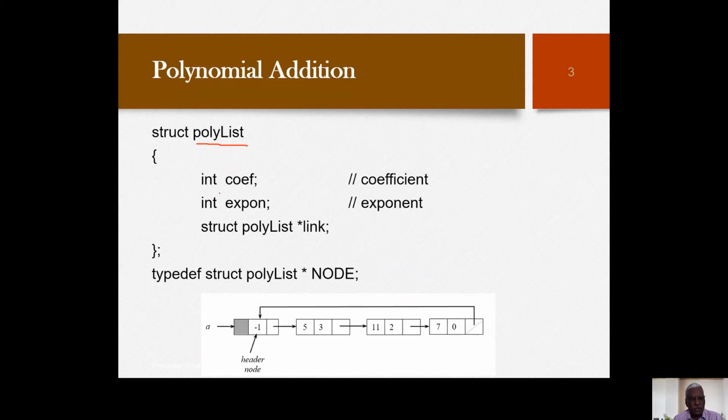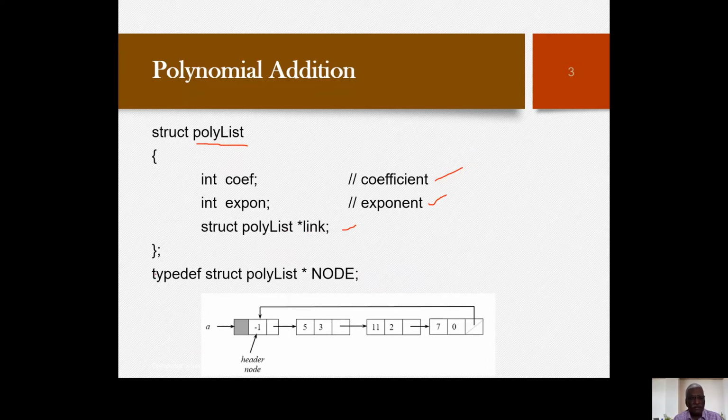As I said earlier, there are two info fields. One is the coefficient, the other one is the exponent. And we have, as usual, the next field, which is struct polylist link. So the link field is my next field.